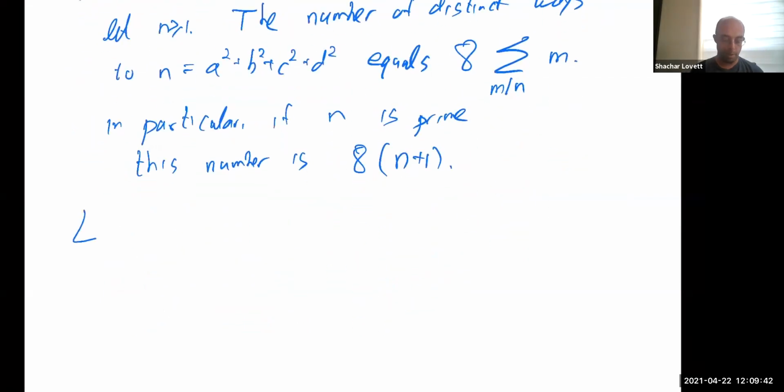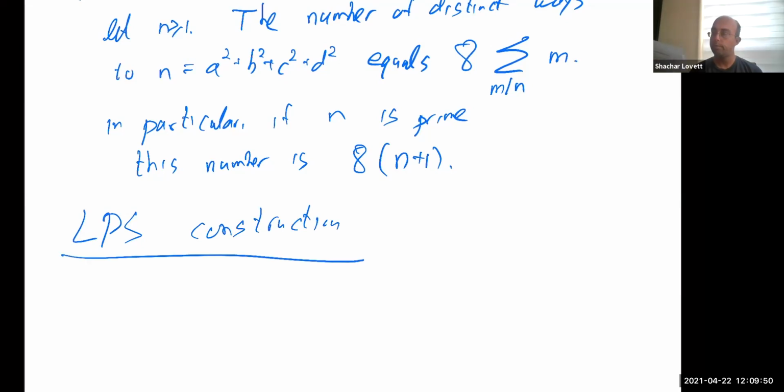So now what is this LPS construction? Let p and q be primes, but we'll assume a few things about them. They're going to be completely different, so not the same prime.